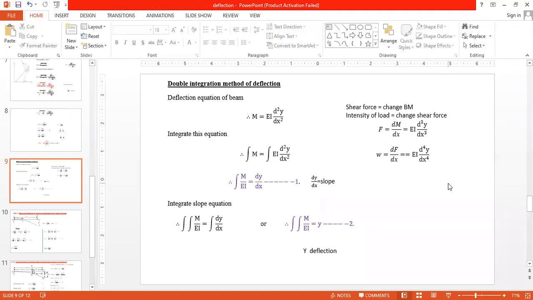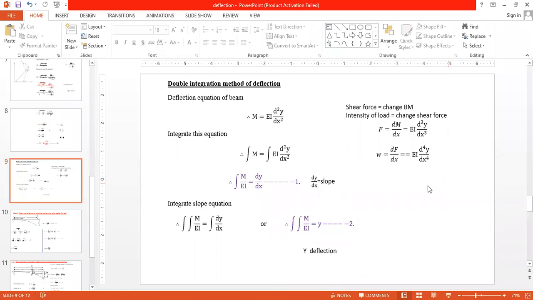Actually this is not part of this chapter, but you have to remember it, because this is the equation of the beam. In future, you will use this beam equation for dynamic analysis and also for static analysis.